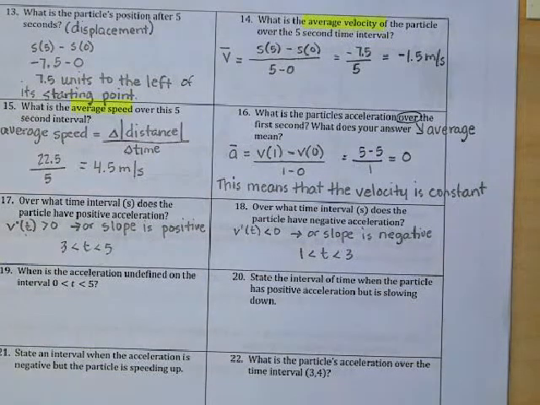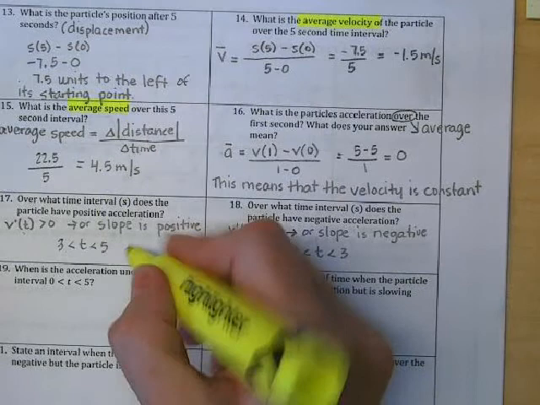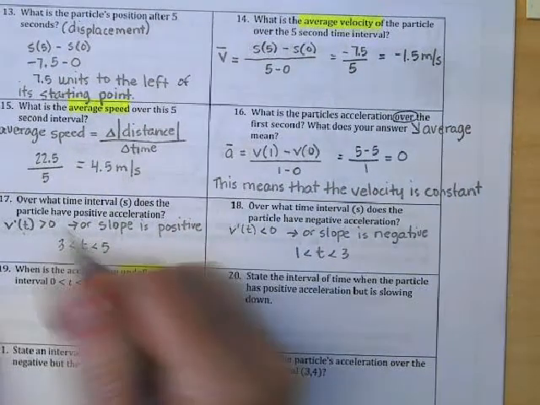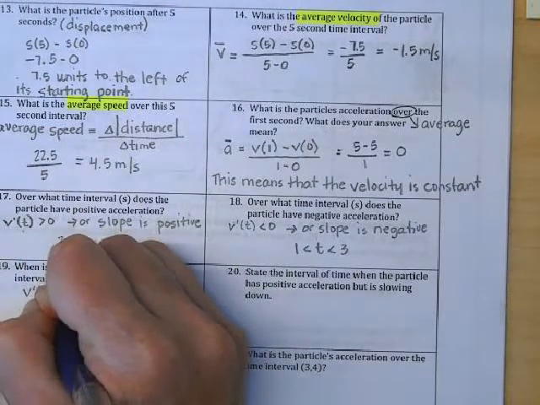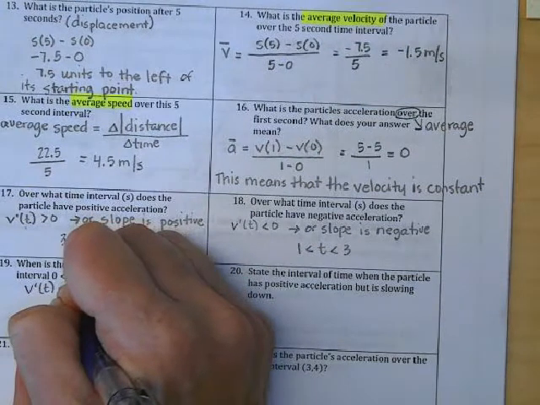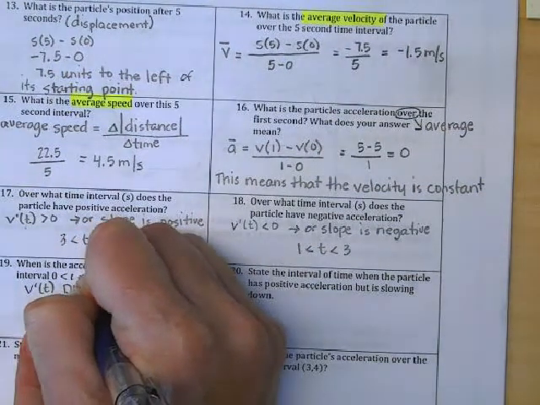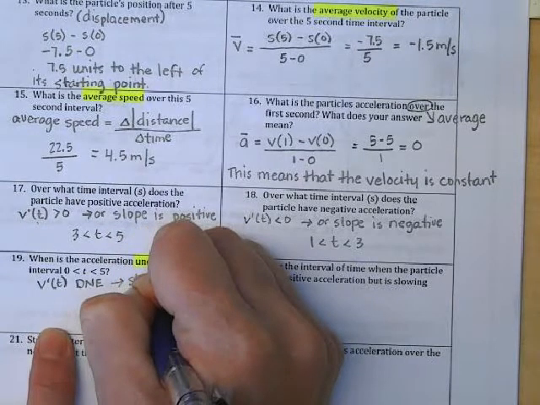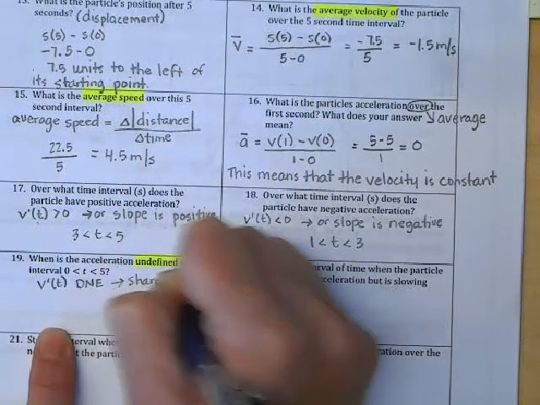Okay, when is acceleration undefined? Well, acceleration is undefined when the derivative of velocity does not exist. So what you're going to look for here is a sharp corner.